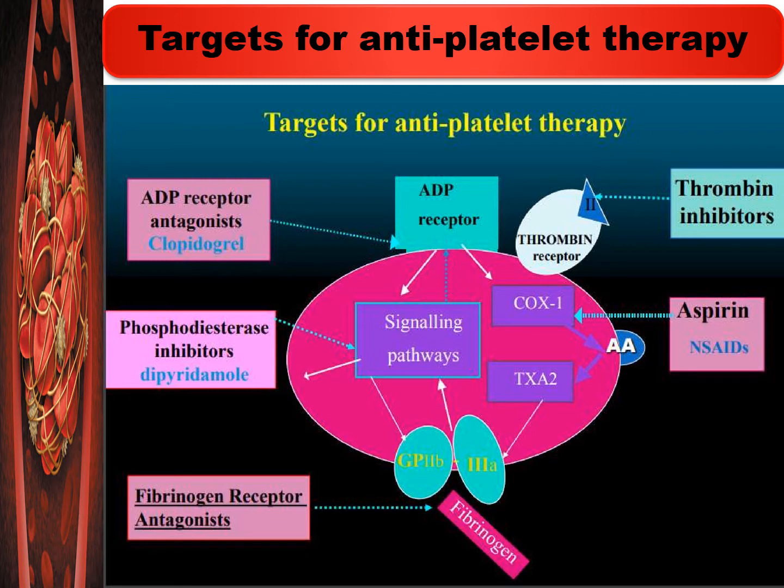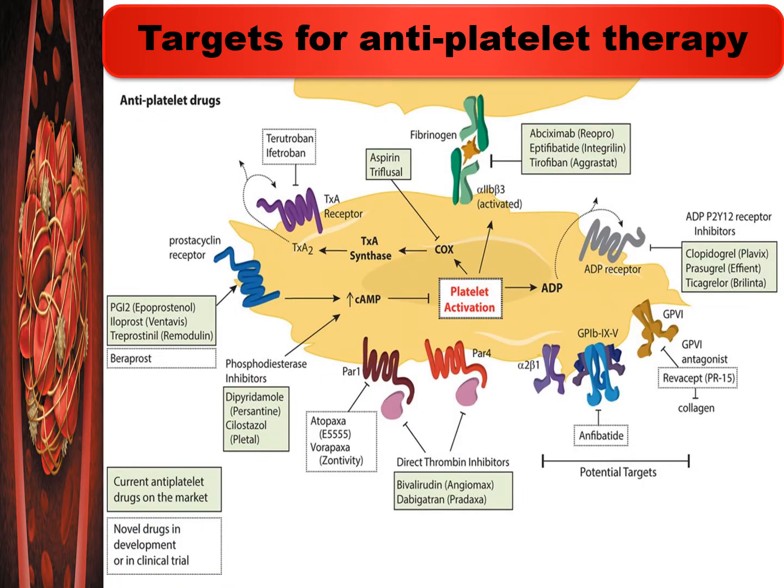Whereas the thrombin inhibitors inhibit the thrombin receptor, through which they interfere with the activation of the platelets. So here I summarize the different targets for different classes of antiplatelet drugs which we are utilizing therapeutically. With the help of this diagram, we can easily understand the mechanism of action.